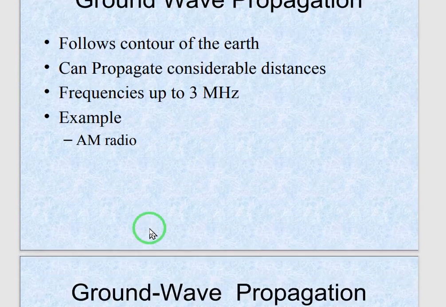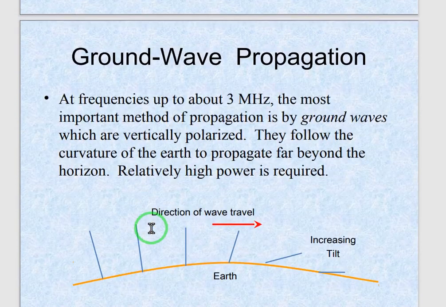An example is the AM radio. For frequencies up to 3 megahertz, the most important method of propagation is by ground waves. They are vertically polarized. They follow the curvature of the Earth to propagate far distances beyond the horizon, that means beyond the sight of the transmitter.